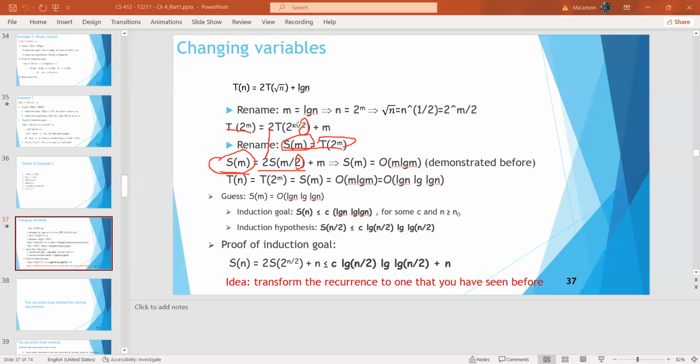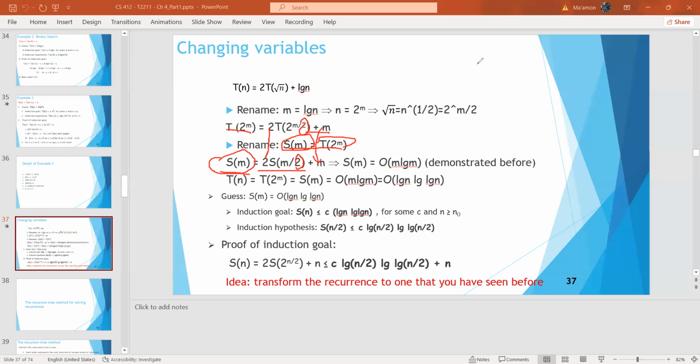Because this m is divided by 2 also, we have S of m over 2 plus m, with m as is here.